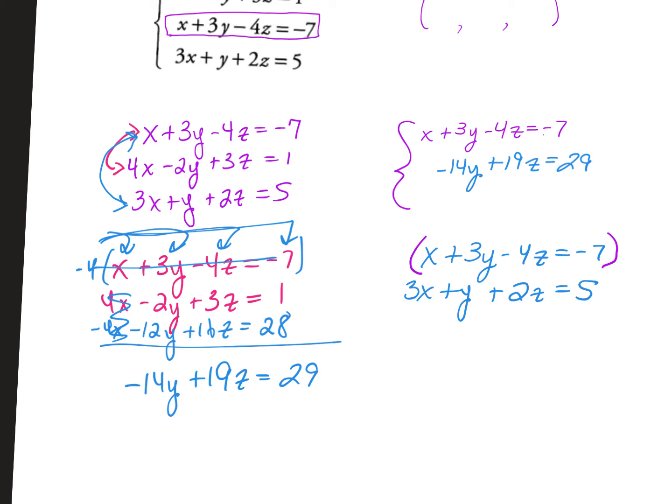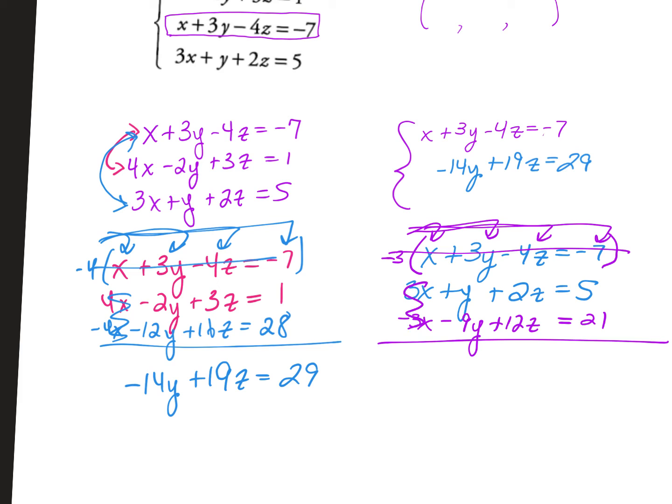Negative 3. So here, here, here, and here. So I have negative 3x. Negative and a positive is minus 9y plus 12z equals 21. The x's cancel out. I have negative 8y plus 14z equals 26.